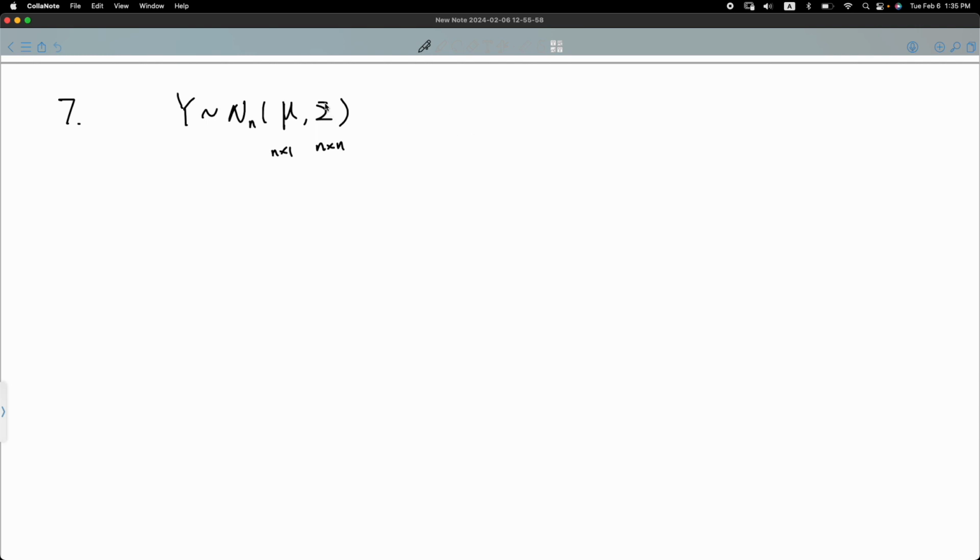We define y as also Q1 and Q2, basically two subvectors, a partition of y, and also mu1, mu2. You can refer to them as an n1 by 1 subvector and an n2 by 1 subvector, such that n1 plus n2 equals n. You can also partition sigma as sigma 1 1, sigma 1 2, sigma 2 1, sigma 2 2, with the corresponding dimensions.